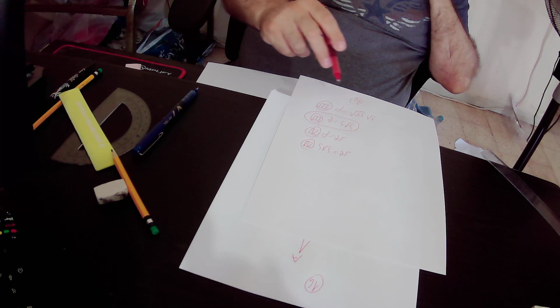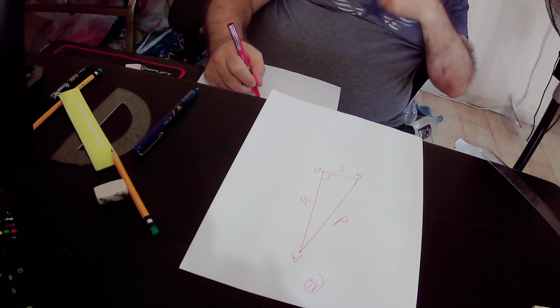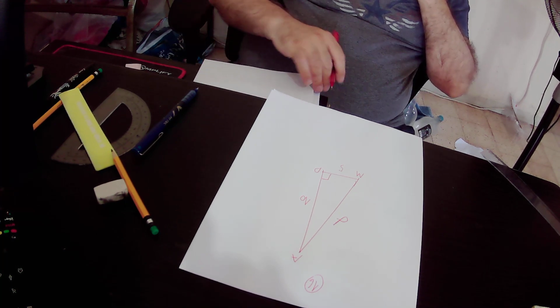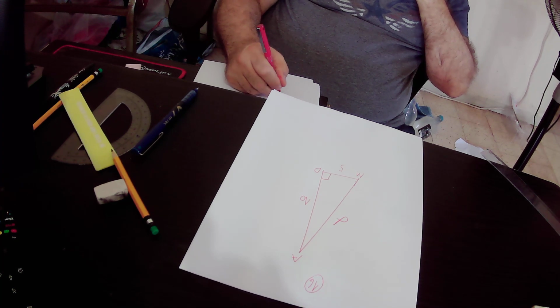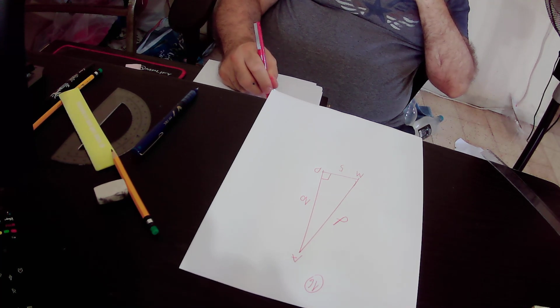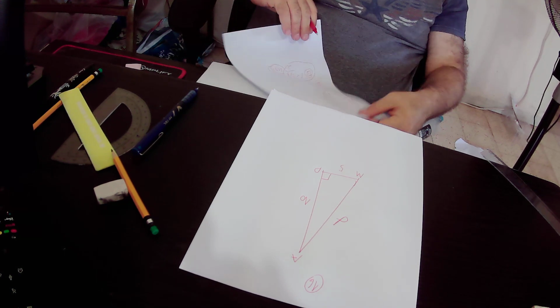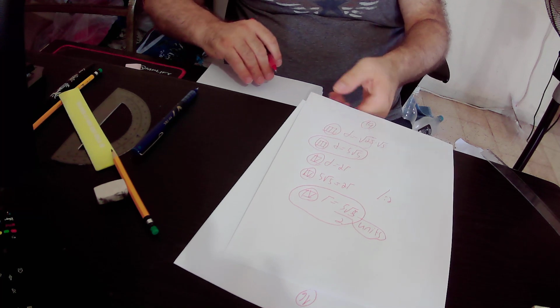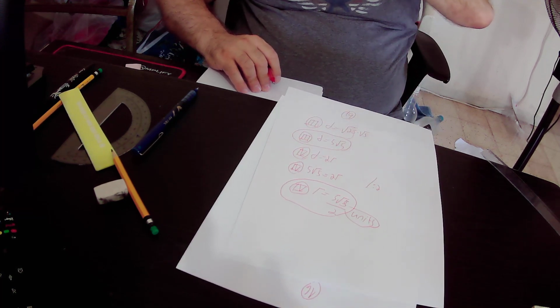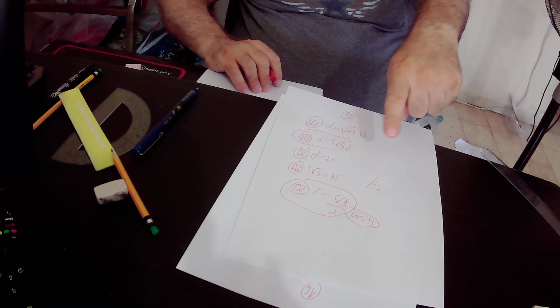We will divide equation number 4 by 2, and we will get the radius of the circle. We got that the radius of the circle equals 5 times root 5 over 2 units.